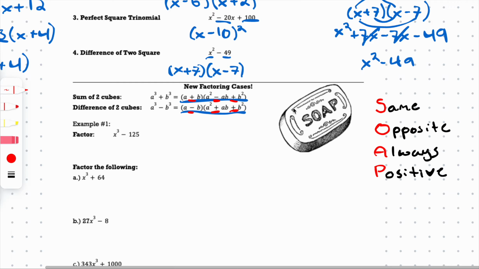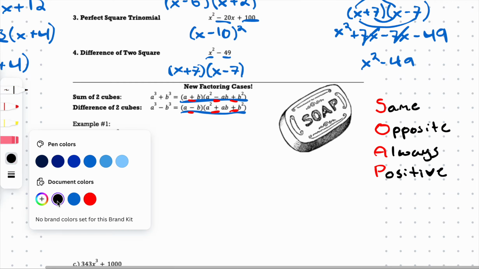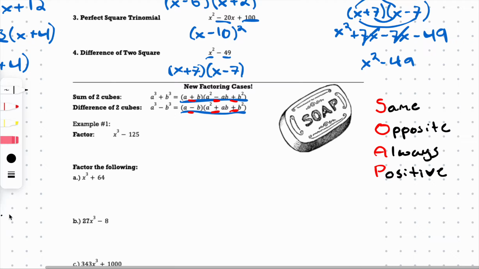Okay, I'll show you this in action in example number 1. This is already in the form of a to the third minus b to the third. So this is going to be a difference of two cubes.